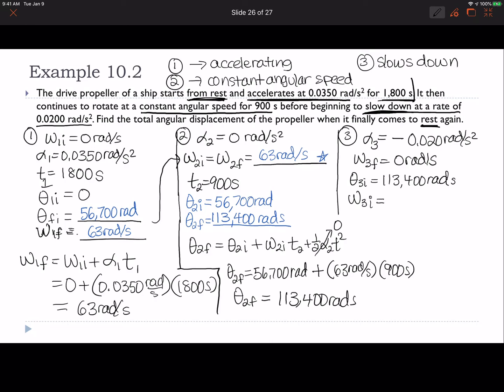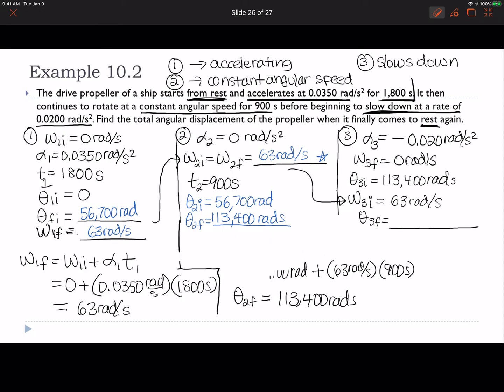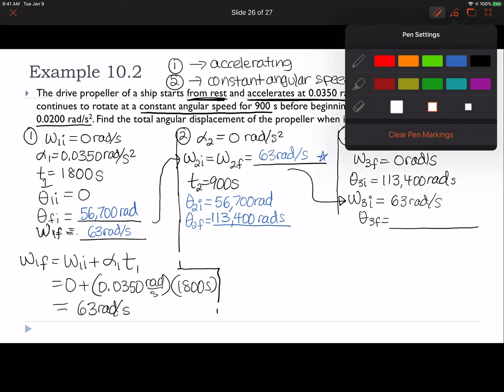Because this is a continuous motion, whatever the final angular velocity was for motion 2, that becomes the initial for motion 3. So I have enough information now that I can solve for the final angular position after all 3 of the motions. So I can use one of the rotational kinematic equations for that last part of the motion.